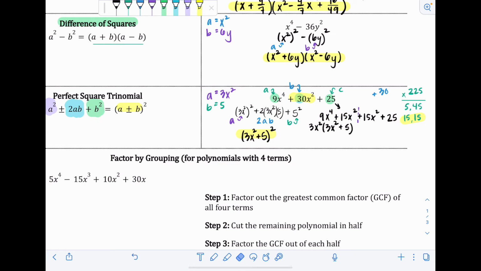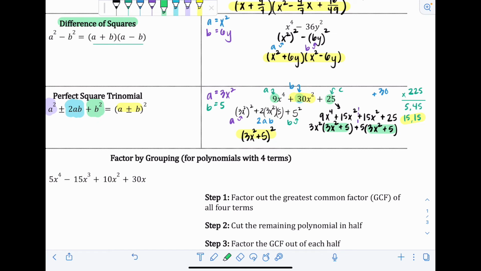And then the second half, 15x squared and 25, the GCF would be 5. When I divide that out of the 15x squared, it leaves me with 3x squared, and when I divide that out of the 25, it leaves me with plus 5. Remember, when you're factoring by grouping, you need these two to be the same factors, which they are.